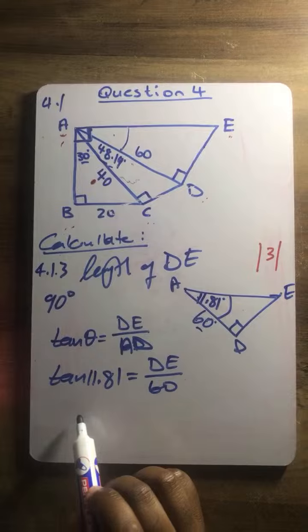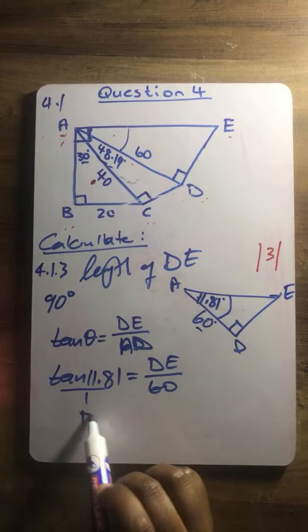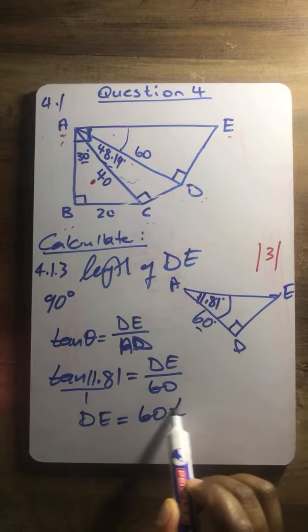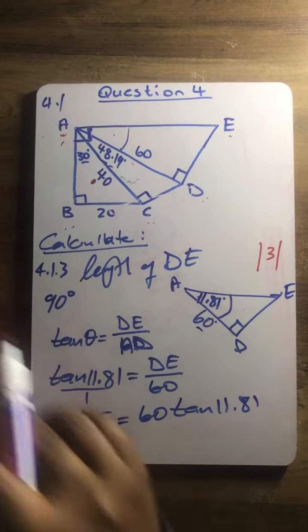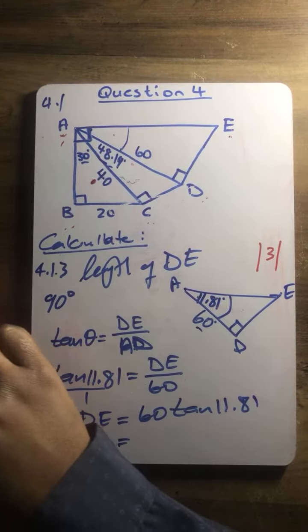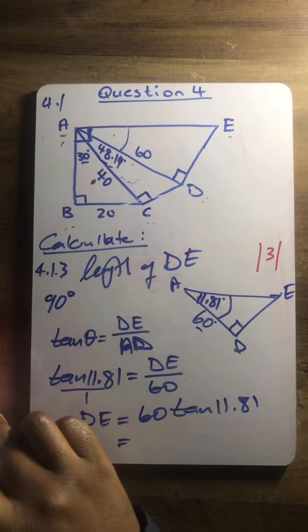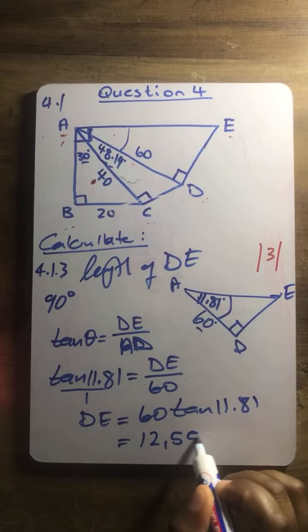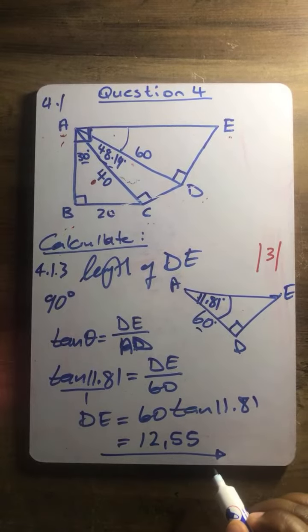You cross multiply, and DE is 60 tan 11.81. Let's see. Oh yes, 12.55. It has to be 12.55, not 54.